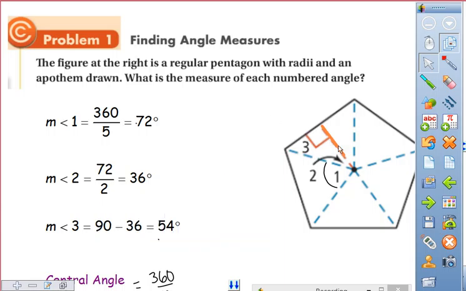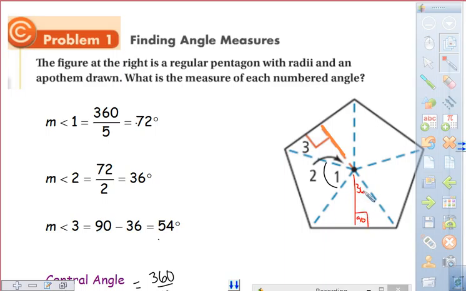Well, 180. So if I have 180 degrees in there, I know that this angle is 90, this angle is 36. So I already know that this is 90, so then I know that 36 and this angle 3 have to add up to another 90 to make 180. So I'm going to do 90 minus 36 to get that third angle, which is a 54.